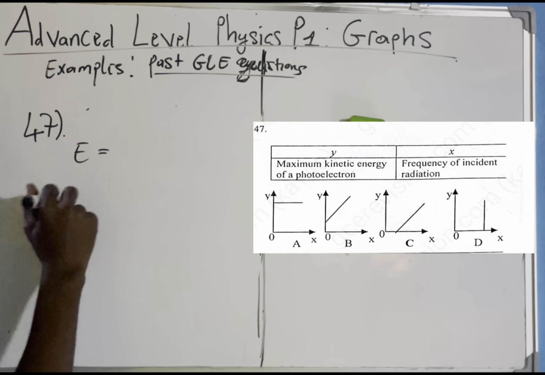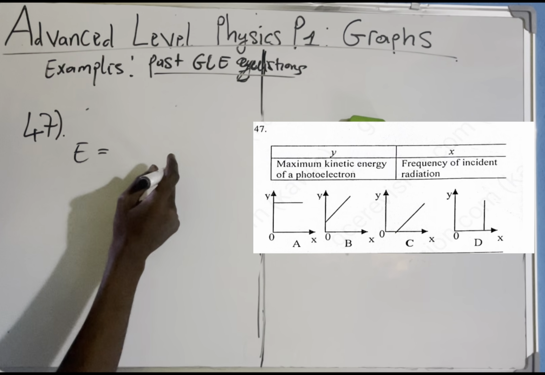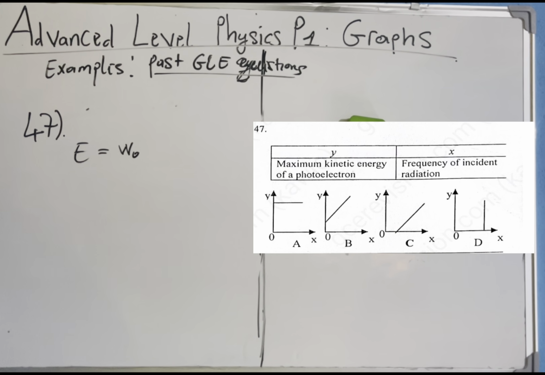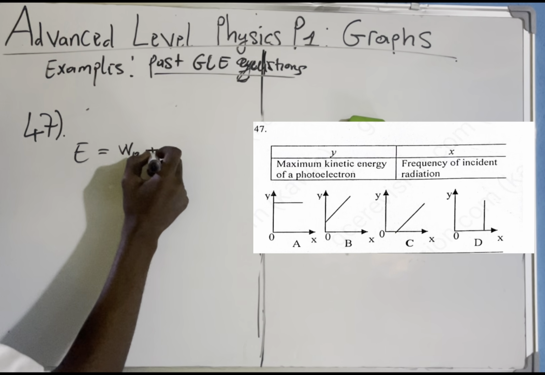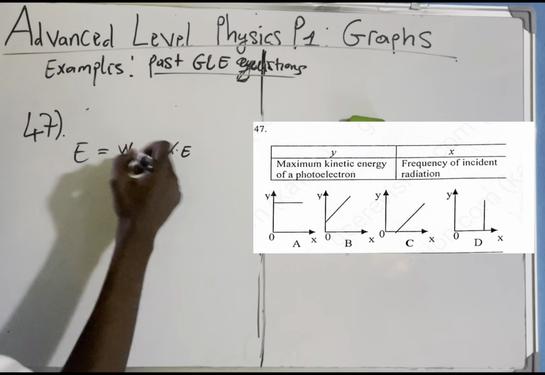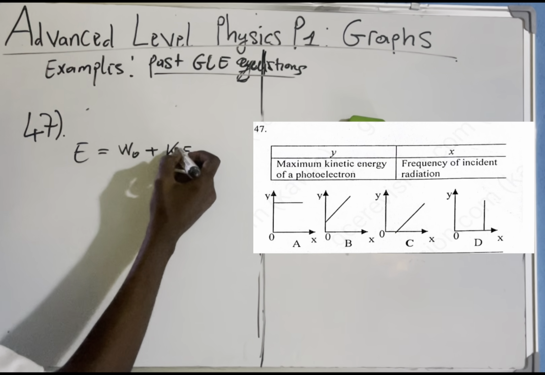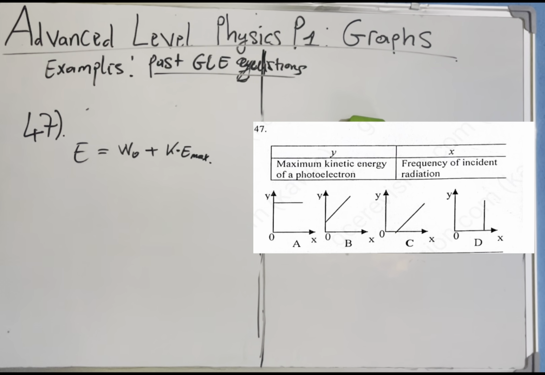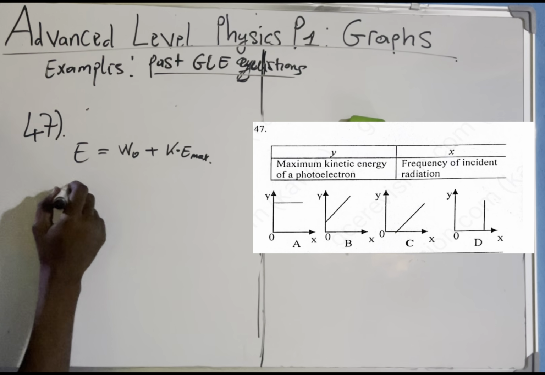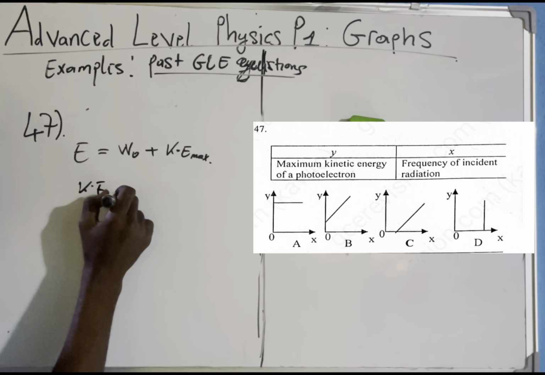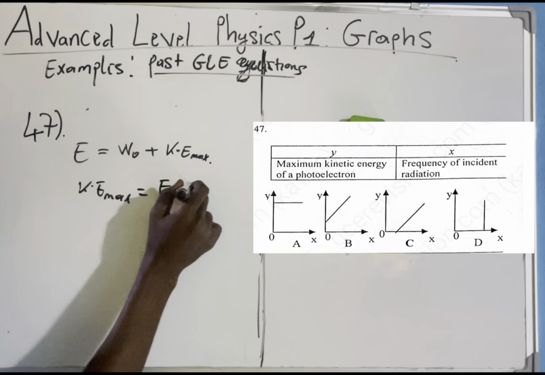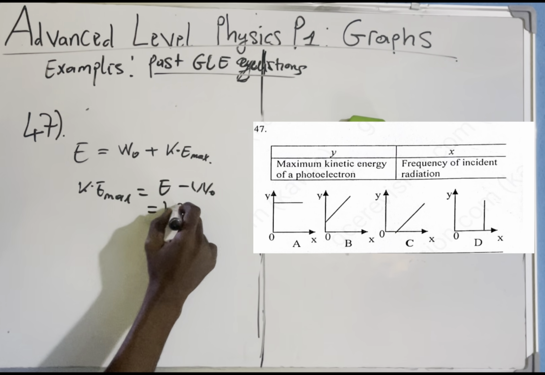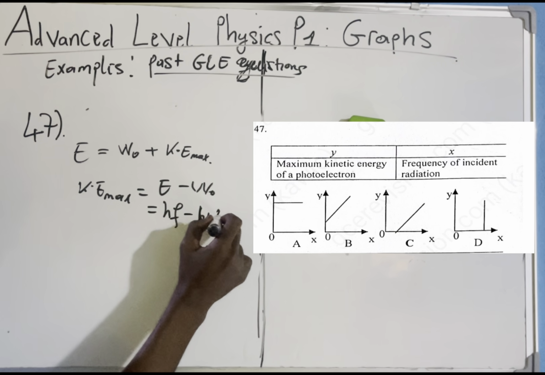The energy of a photon is equal to the energy needed to remove the electron from the metal surface, which is the work function, plus the kinetic energy that the electron uses to go away from the metal. So K E max will be simply equal to E minus W0, and E is hf, so K E max equals hf minus W0.